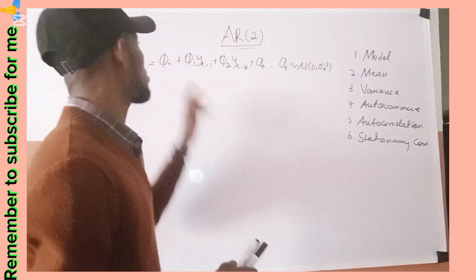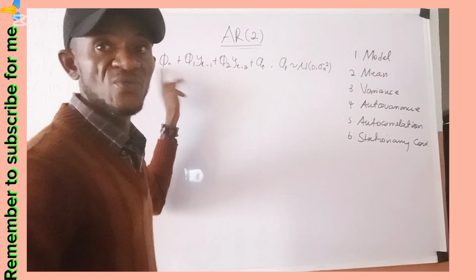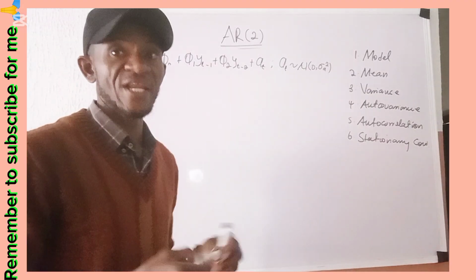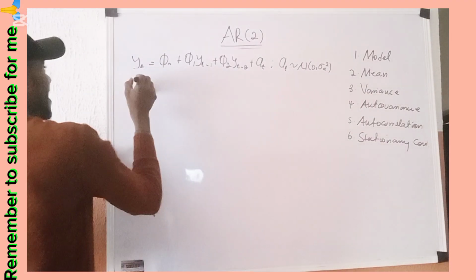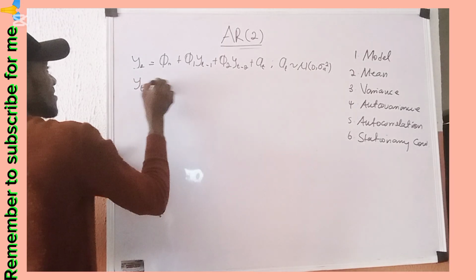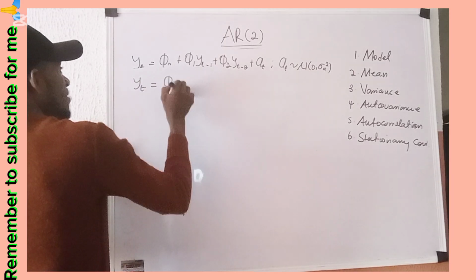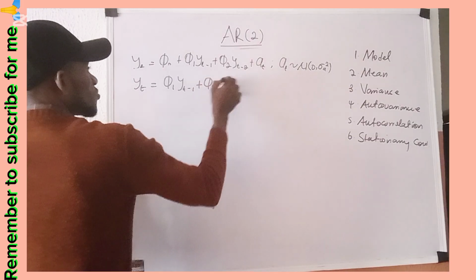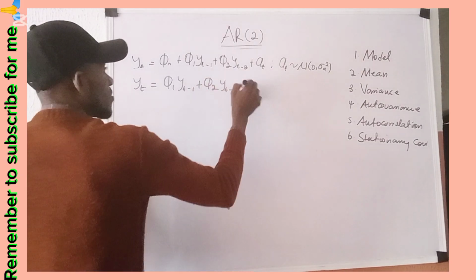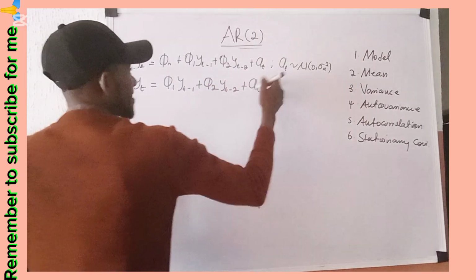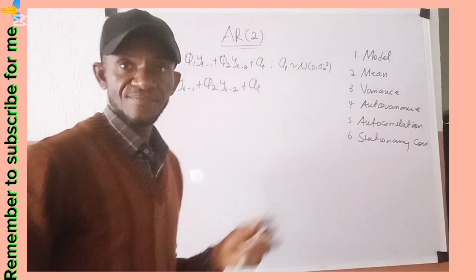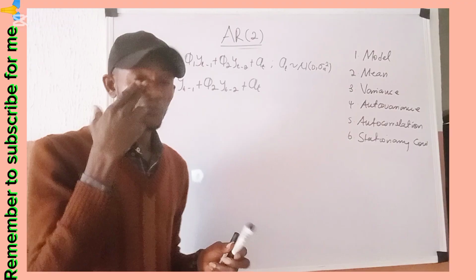Because the variance of a constant is 0, we are going to skip this phi naught and make use of the other terms. So the model equally can be written as y of t is given as phi 1 y of t minus 1 plus phi 2 y of t minus 2 plus error term, where this error term still satisfies that particular condition.